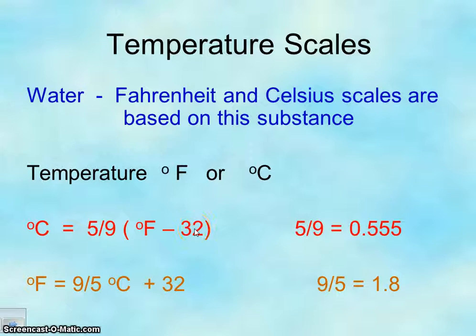Depending on what type of calculator you have, make sure you observe the parentheses. If you do not use the parentheses, make sure you hit equal or enter on your calculator before you multiply by 5/9.